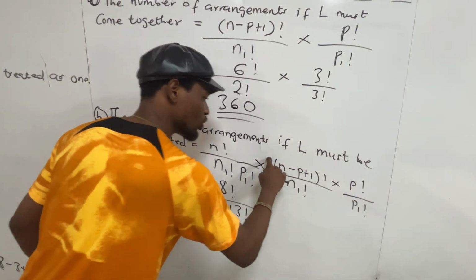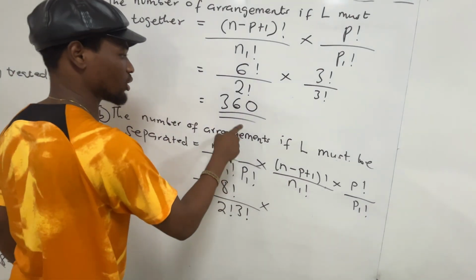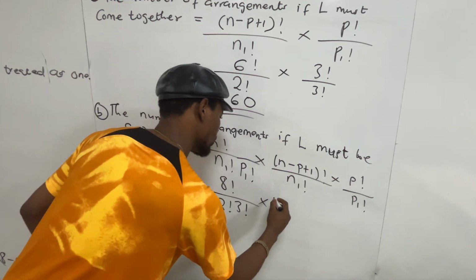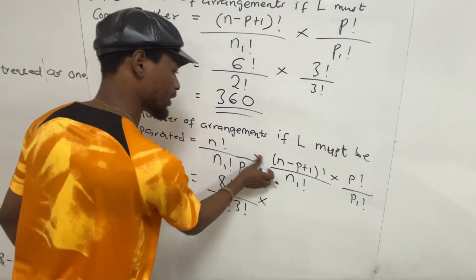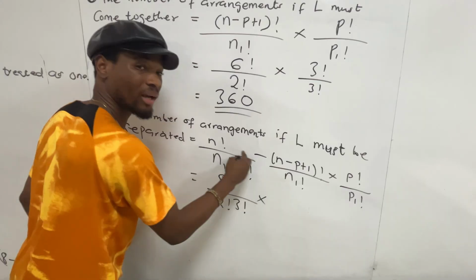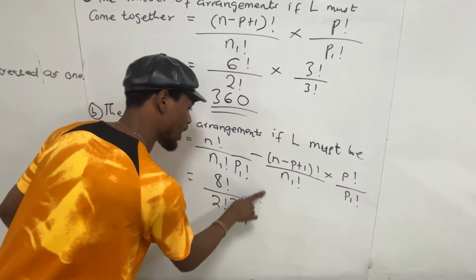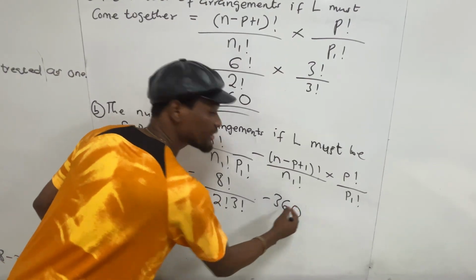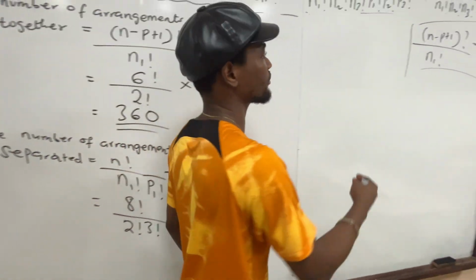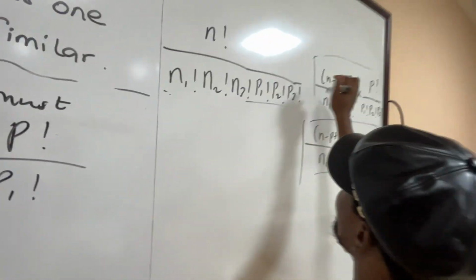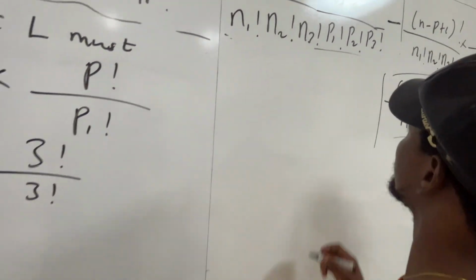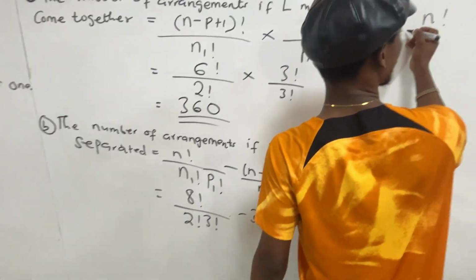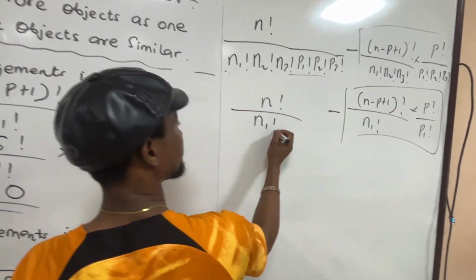Then given the whole of this is 360. Sorry, it's supposed to be minus, okay? We are subtracting. So we have minus 360. So minus N factorial over N1 factorial.